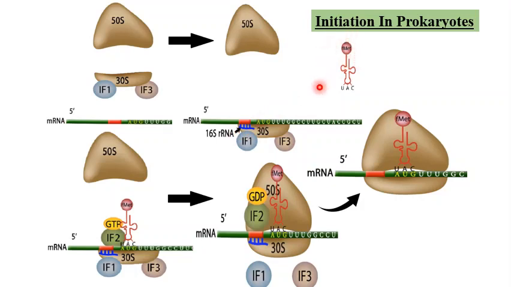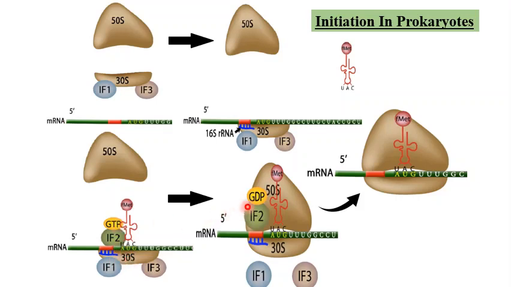This is the initiator tRNA in case of prokaryotes, which will be formylated, fMet, and the anticodon will be UAC. This will get attached with the second initiation factor IF2 and GTP, and this whole complex of initiator tRNA, GTP and IF2 will help in binding the initiator tRNA at the P site. This is the P site where the start codon is placed.